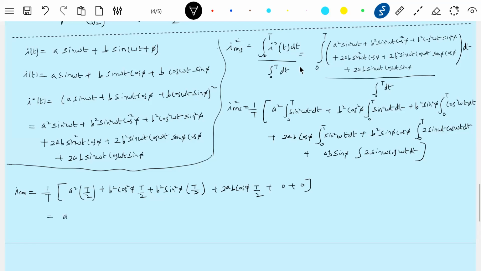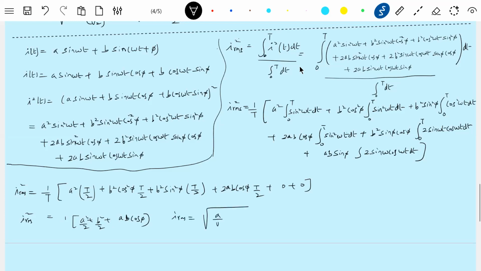So T gets cancelled. One by 2 a square. Here it is b square plus 2ab cos phi. This is square. So what is the RMS value of this signal?